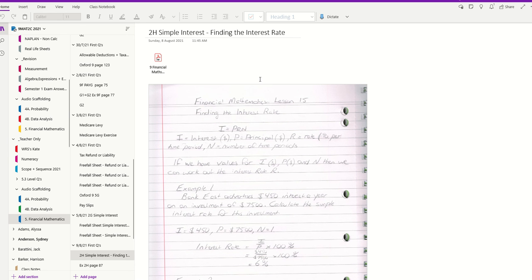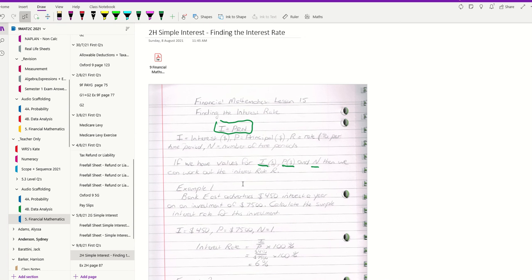Okay, today we're going to have a look at finding the interest rate if we have values for the interest in dollars, the principal in dollars, and n, the number of periods. So remember our formula: I = PRN, where I is the interest in dollars, P is the principal in dollars, R is the rate in percent per time period, and N is our number of time periods.